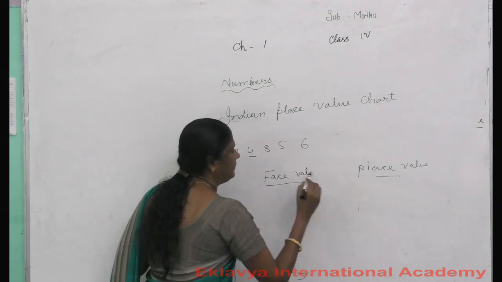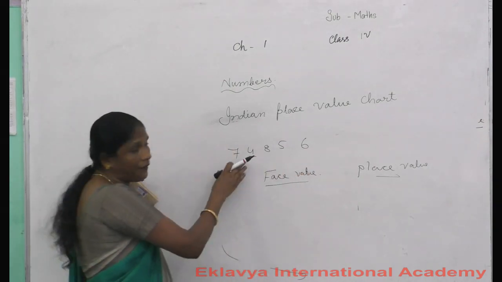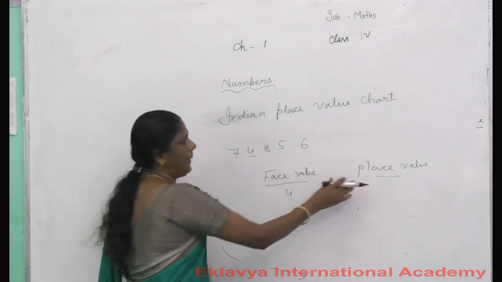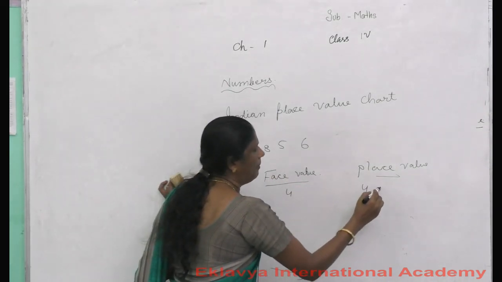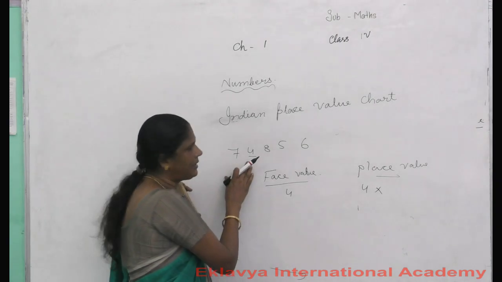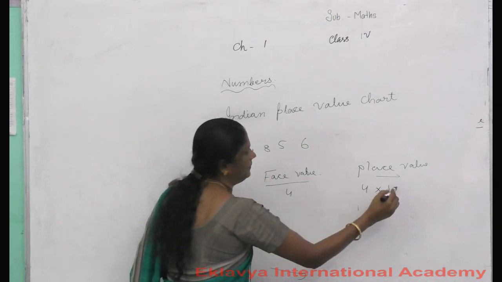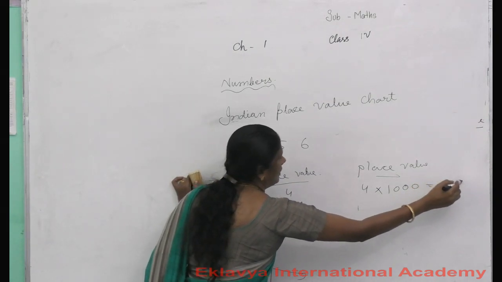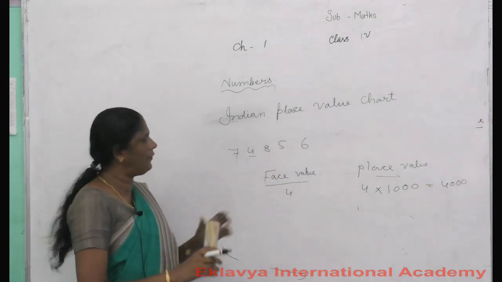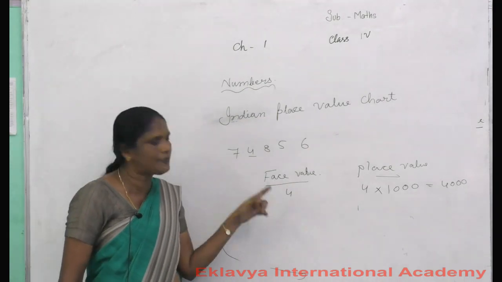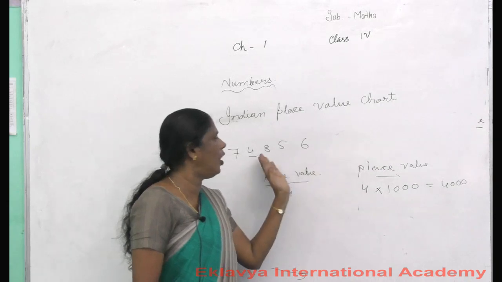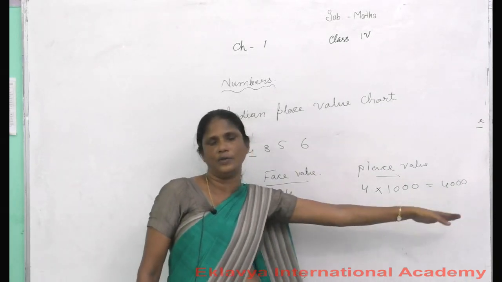Then write. The face value of 4 is 4. What is the place value? Face value multiplied by which place 4 sits: 1000, is equal to 4000. Understand? The face value of 4 is 4. The place value of 4 is 4000.